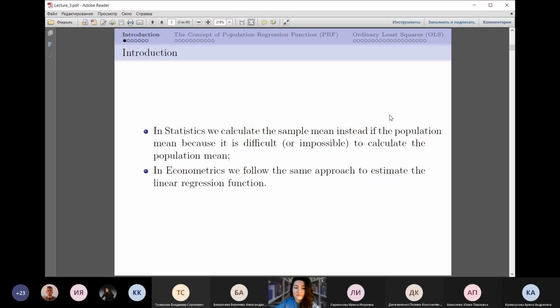Previous time we discussed with you that in statistics we use a sample instead of the population, and in econometrics we follow absolutely the same approach to estimate some linear regression function.